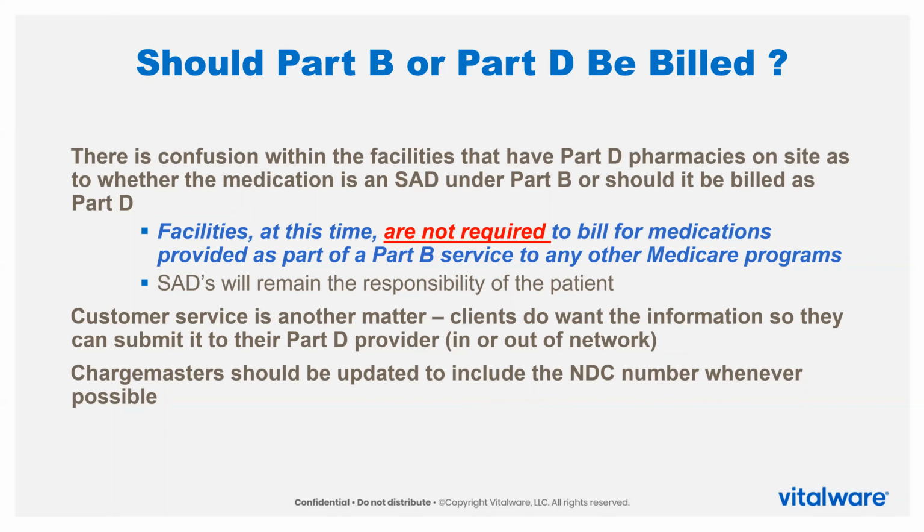Because all these Part Ds have different formularies, you're not going to know. This is why Part B isn't required to do it. However, you do need to give the patient enough information to be able to send it on to Part D. So chargemasters have to include the NDC number because the NDC number is what's going to drive Part D. So on to the next one.